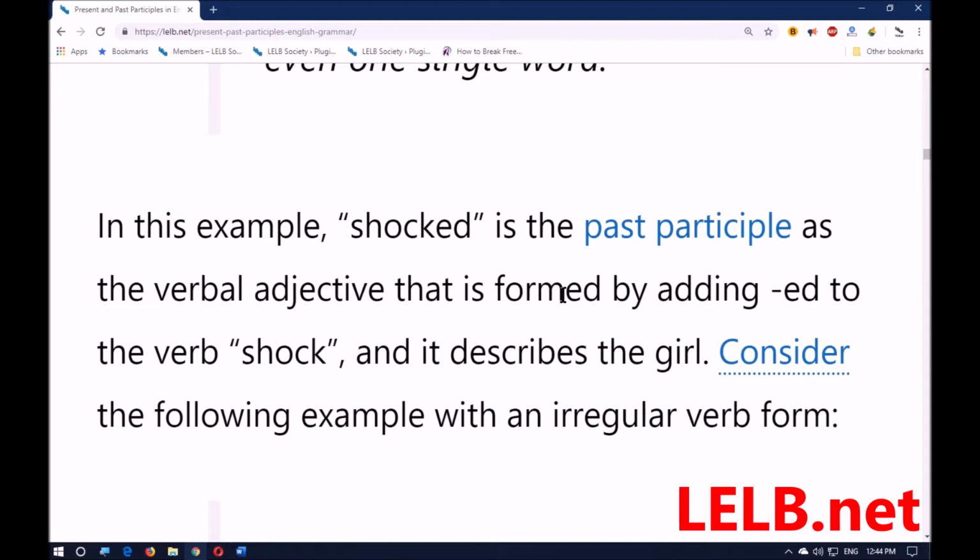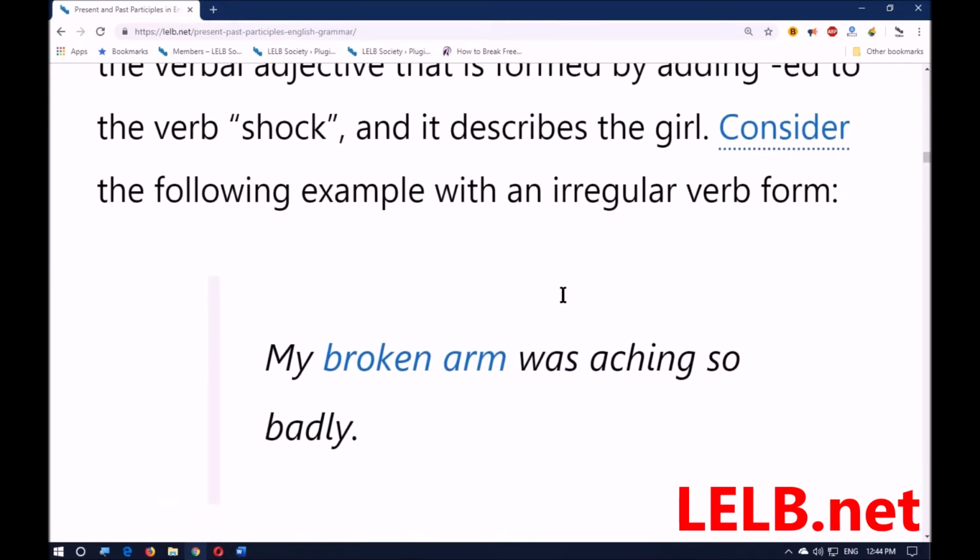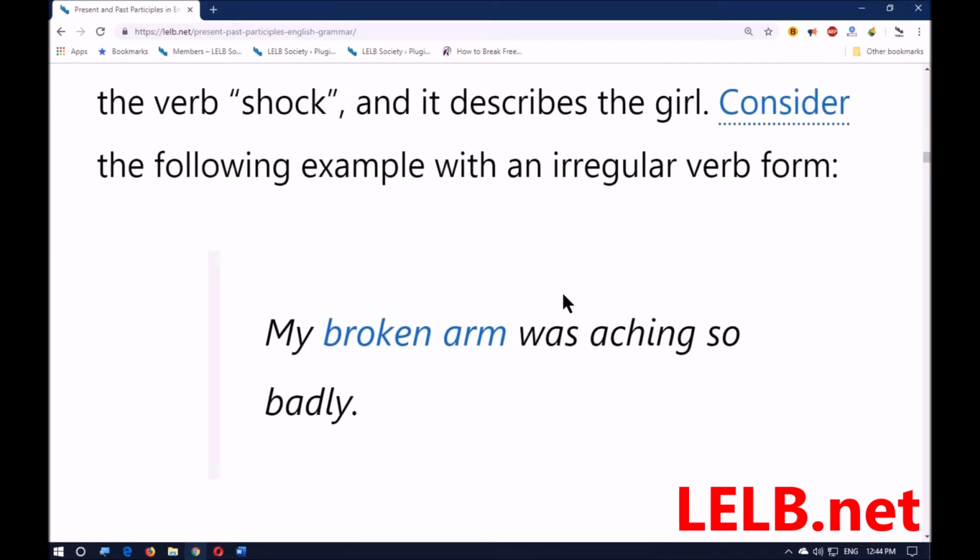Consider the following example with an irregular verb form. My broken arm was aching so badly. Ache means to have pain, experience pain, to feel pain. Okay, my broken arm. The usual form of broken, as a verb, is break.